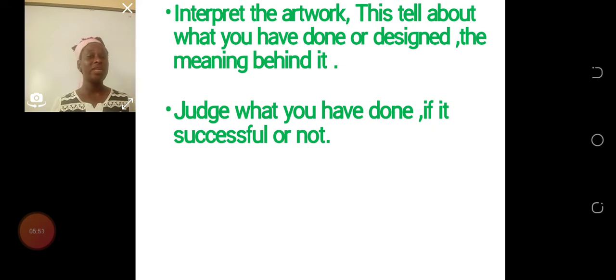So if you finish with the design and someone comes for it, the person is able to tell the meaning of what you have designed. So the message behind the artwork, you have to make sure it appears in your artwork or design. Very good. Now let's move on.